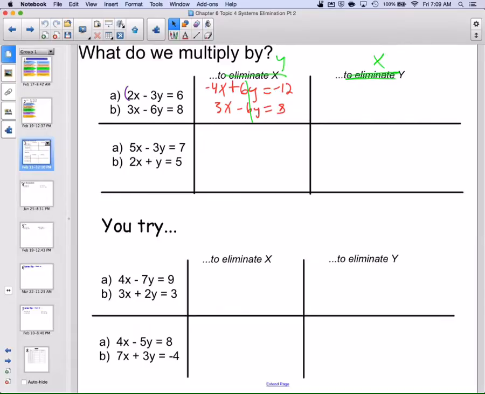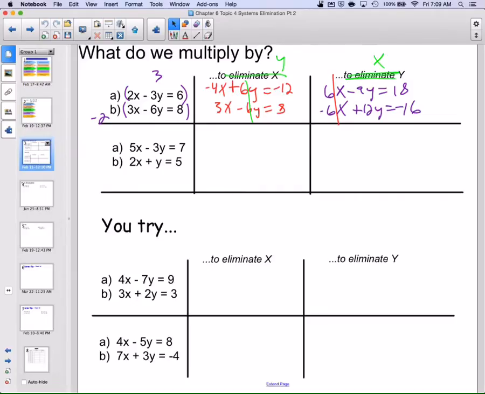I would have to multiply this one by 3 and this one by negative 2, because what I want to do is make both of those 6's. So that would give me 6x minus 9y equals 18, and a negative 6x plus 12y equals negative 16. And as you can see, the x's would cancel here.